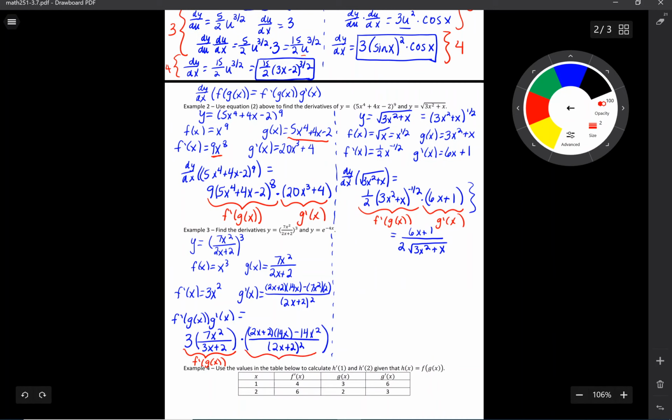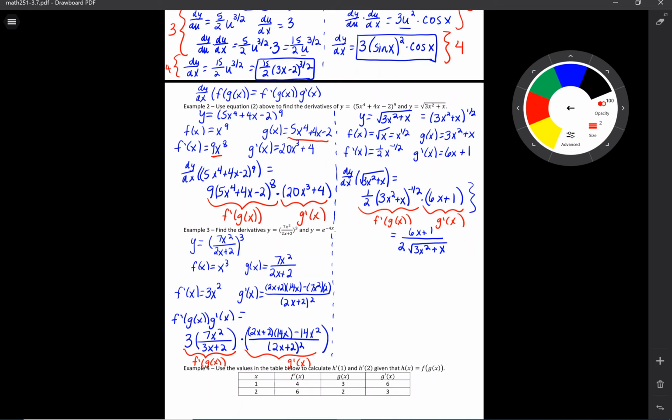This is g prime. So hopefully you're kind of finding the rhythm of this method. Basically, we take the derivative of the outer function and multiply it by the derivative of the inner function. That's basically how this goes.